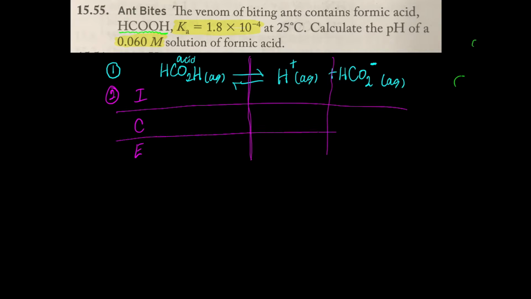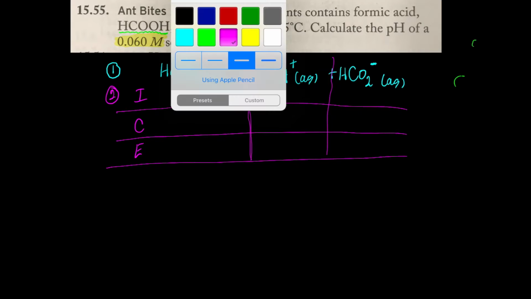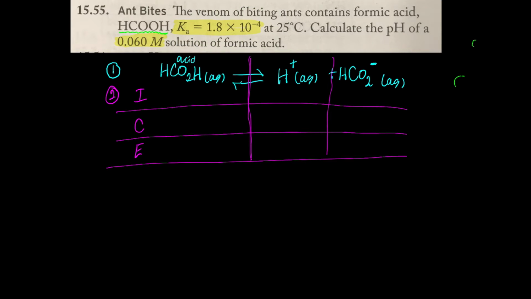Make a table with some boxes, and we want to fill in all of the boxes here, okay? The first thing we want to do here is consider the 0.060 molar solution. That's the only concentration, and that's right here. That's the only number we have in this word problem.